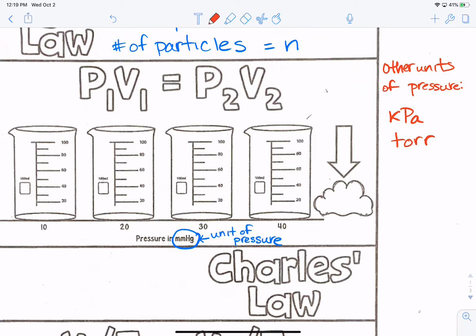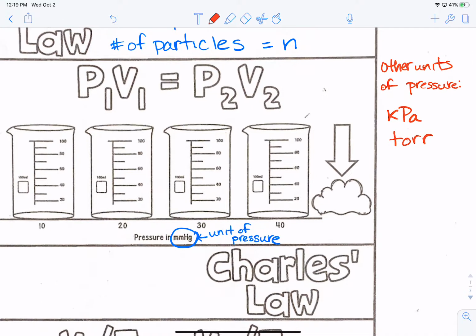We haven't heard of torr. By the way, T-O-R-R. It'll be on tonight's homework. It is a unit of pressure. We sometimes see ATM. And occasionally we'll see PSI, since we're in the United States, pounds per square inch. So those are probably the most common units of pressure. So I just wanted to remind you of those.